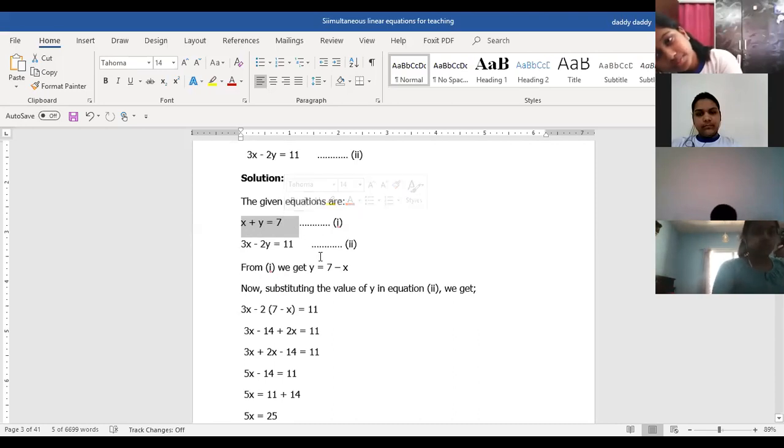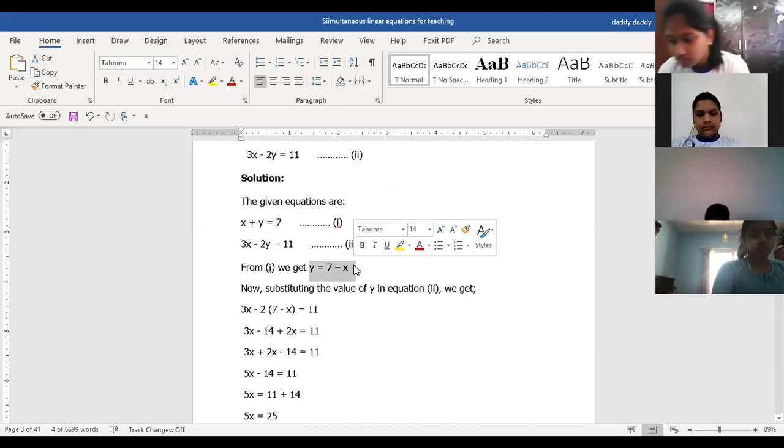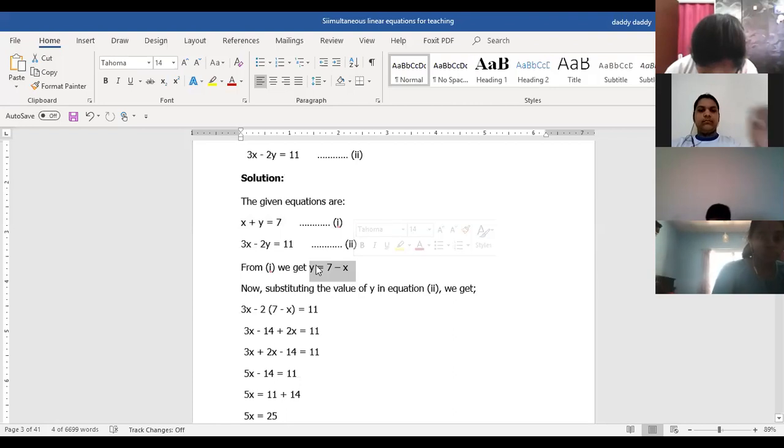So that is what I have done here. I have got the value of y from equation 1. You can choose x also, that is not an issue. You can choose the variable of your choice, but you have to get the value of one variable from the first equation, or from the second equation also.